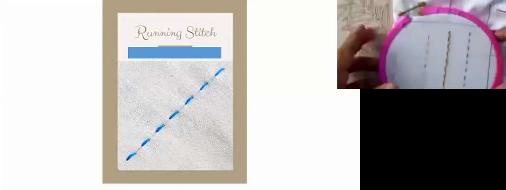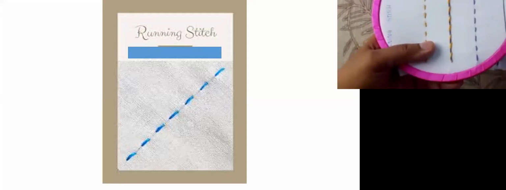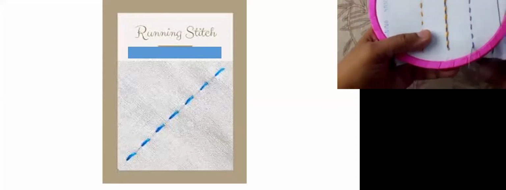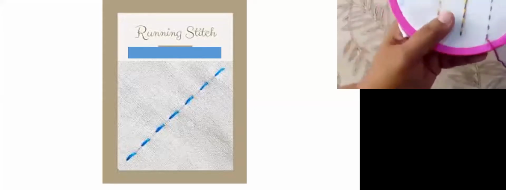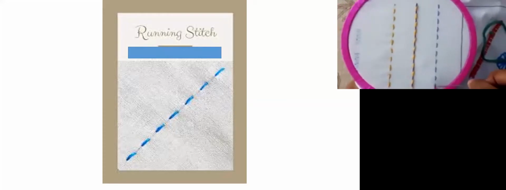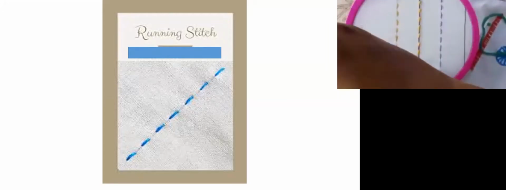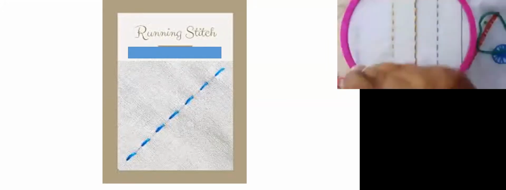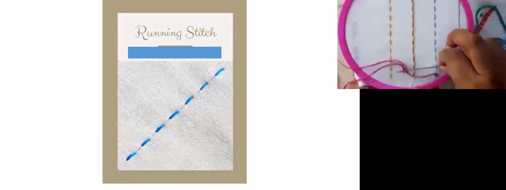The next variation in a running stitch I will show is called laced running stitch. So basically you go in from one side and don't pull it too much, and enter from the other end.